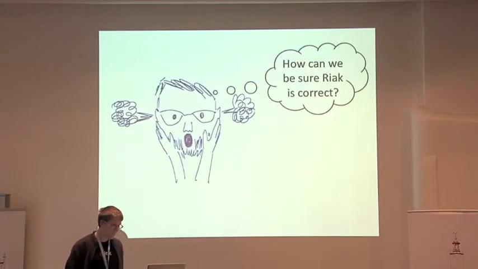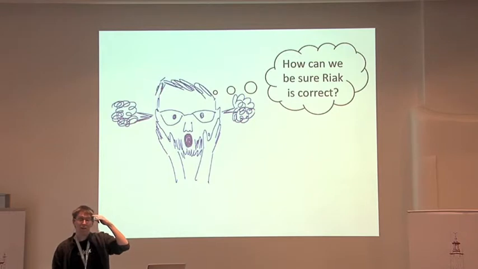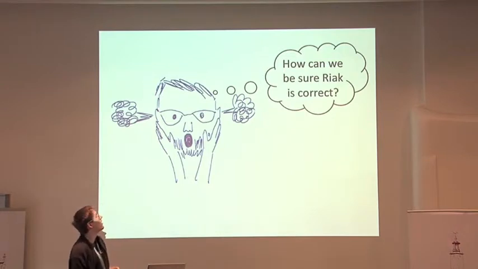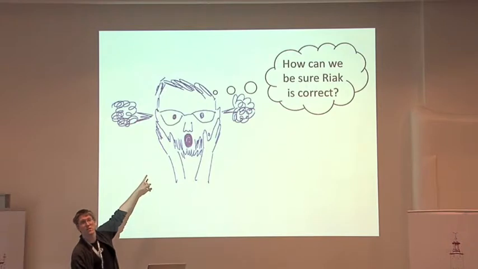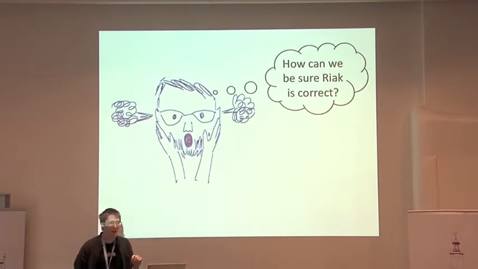Okay, so what's the problem? The problem is we want to test this. We want to check that our Riak database is doing what it's supposed to. Somehow we need to ensure that it's correct. This, by the way, is how John looks when he's thinking really hard.